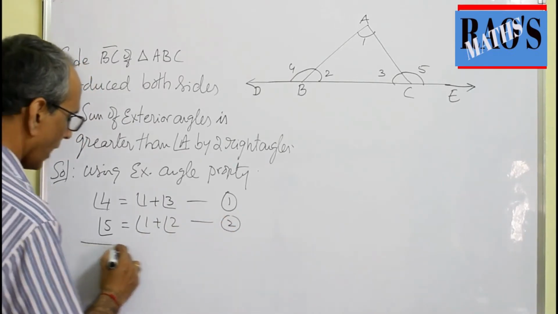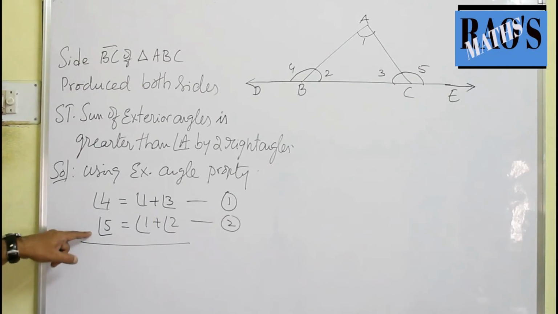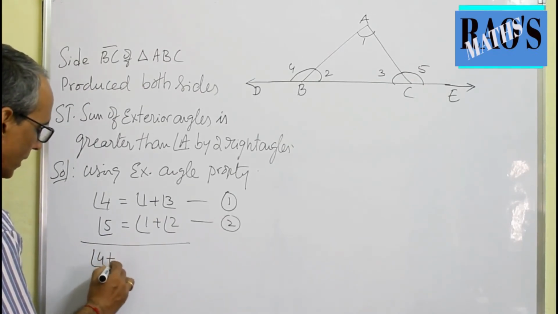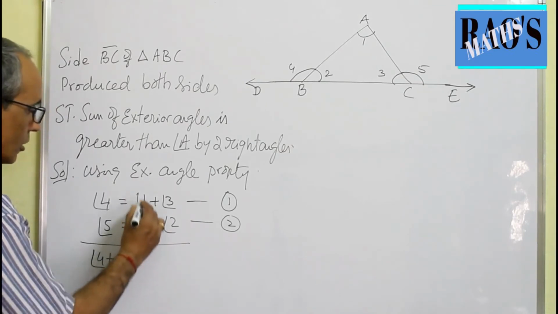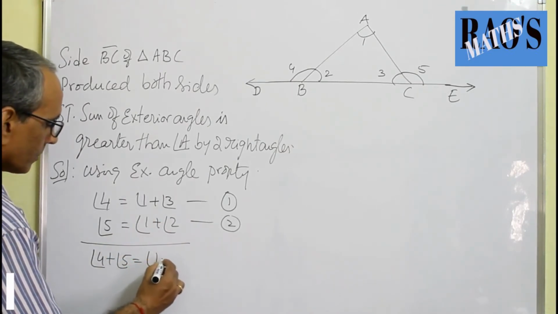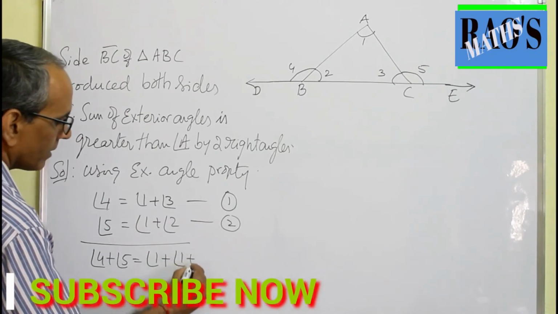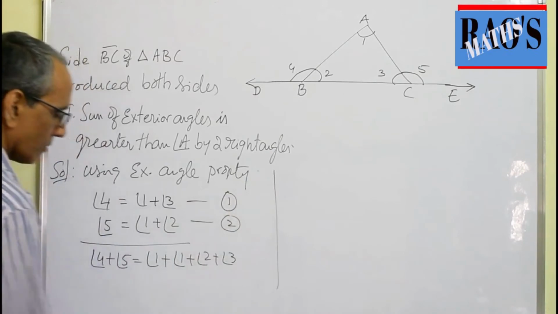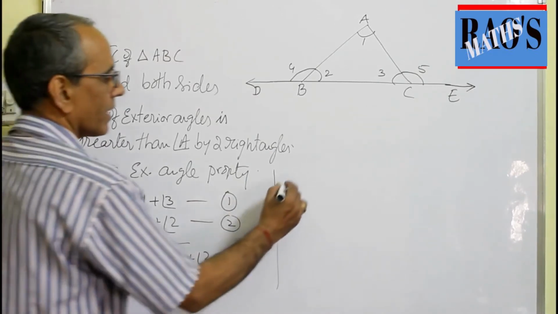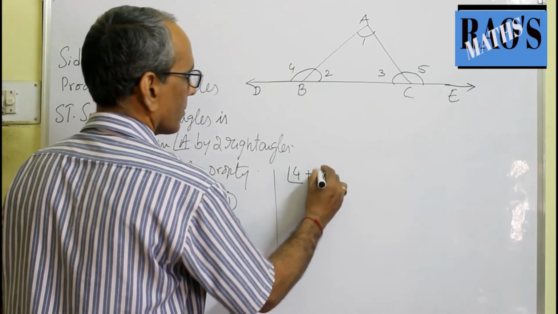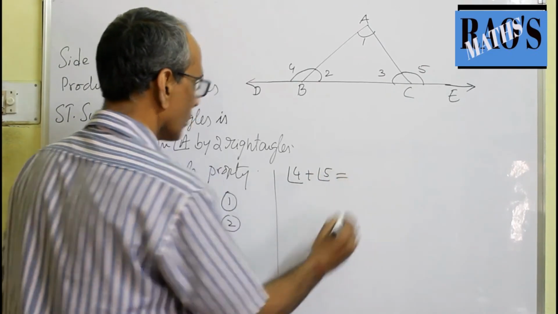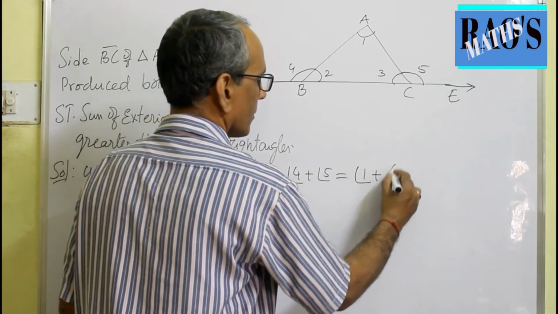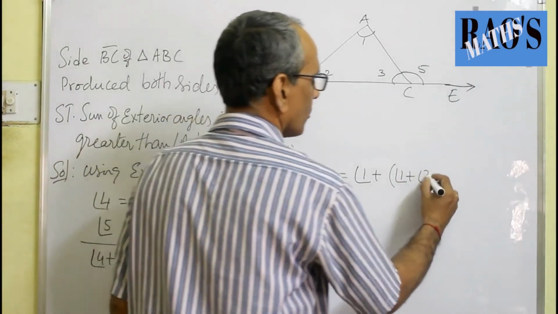If I add the two exterior angles, angle 4 plus angle 5 is equal to angle 1 plus angle 3 plus angle 1 plus angle 2. What we got here? Angle 4 plus angle 5 is equal to angle 1 plus angle 1 plus angle 2 plus angle 3.